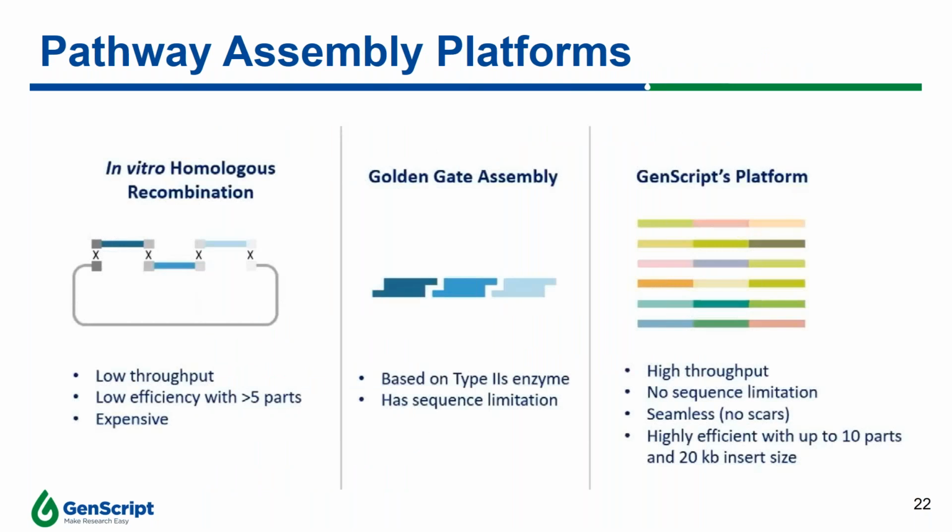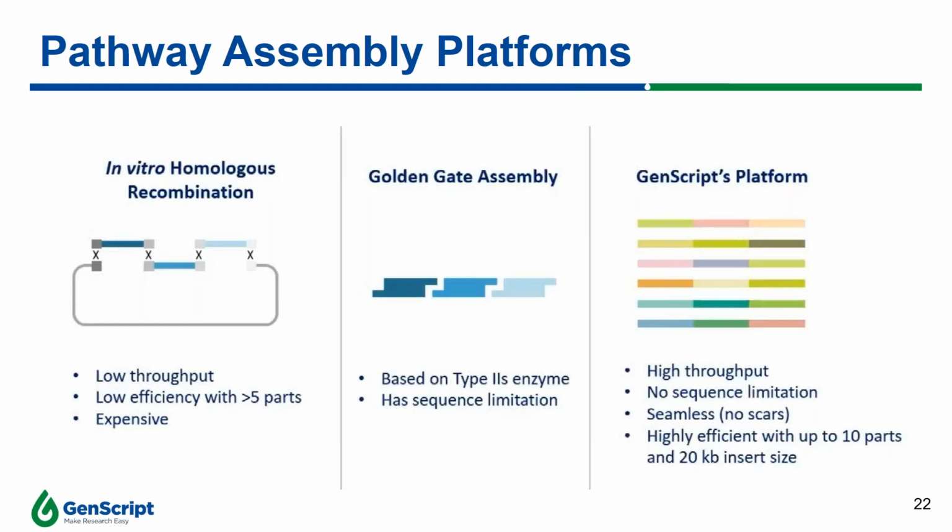Now, I would like to discuss the three different assembly platforms that are currently used among researchers. The Golden Gate assembly is a method that uses the type 2S enzyme to cut and ligate the fragments that we want. Studies have shown that it is efficient to assemble more than 5 fragments. However, it has sequence limitations in which we need to avoid the cutting sites within the fragments.